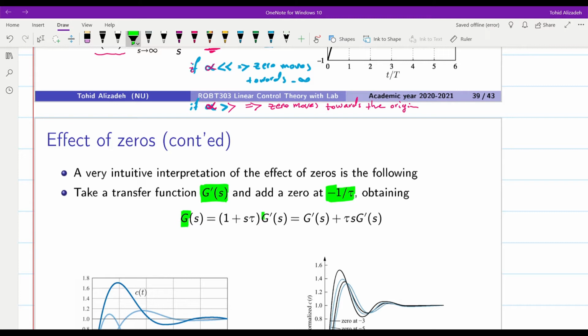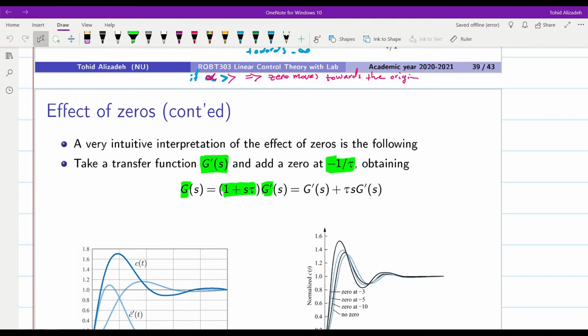So we have g prime as the initial transfer function without a 0, and then we have added a 0 at minus 1 over tau, which means that we have multiplied it with 1 plus s times tau. So the tau determines the location of the additional 0. It will be located at minus 1 over tau. But then we can also rewrite the new transfer function g in the form of g prime plus tau times s times g prime.